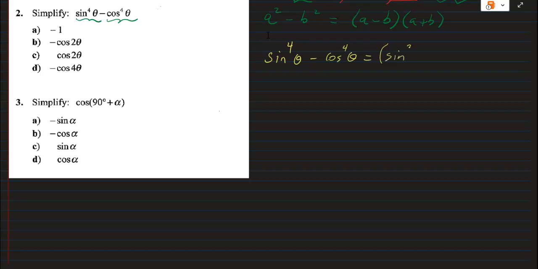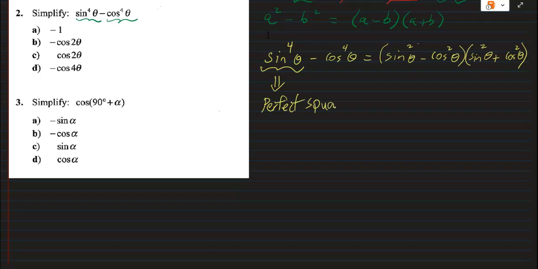This is sine squared theta minus cos squared theta, close the bracket, and then open again, sine squared theta, this time plus cos squared theta, close the bracket. That's the difference of squares. Sine to the fourth of theta is a perfect square term, and so is cos to the fourth of theta. We expanded it, we factored that.